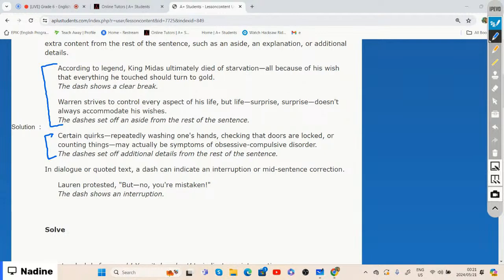It's almost like things within your character that you do. It's like a certain behavior, a certain pattern that you constantly do. A quirk can also be, for example, habits that you do.